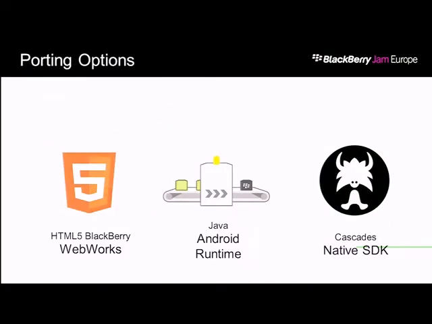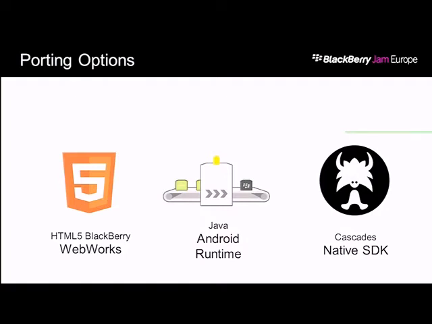No questions so far? Well then, let's have a look at what those different strategies of porting are that we provide. Of course, this should look very familiar if you have seen any of the keynotes over the past year, or any of the general introductory sessions. We have different SDKs that we provide. HTML5 and WebWorks being one of them.